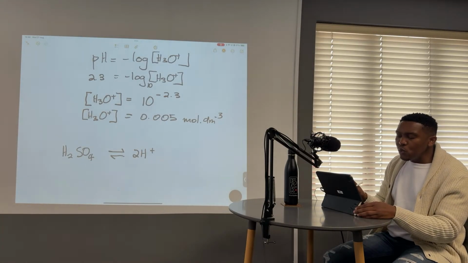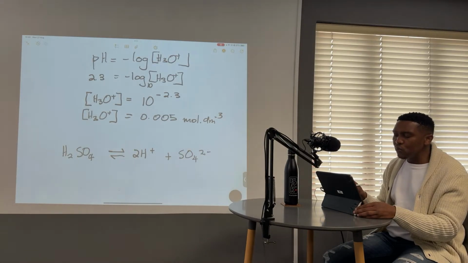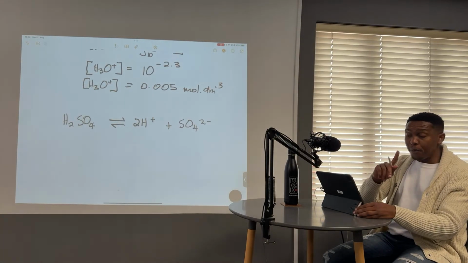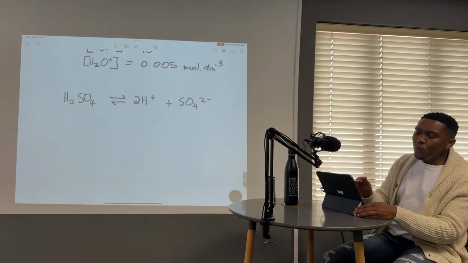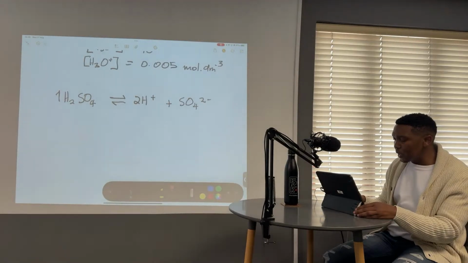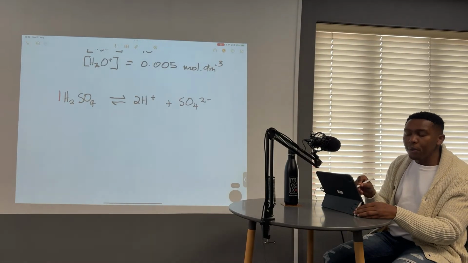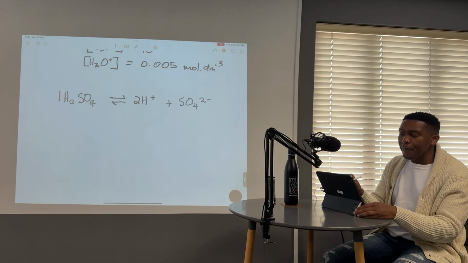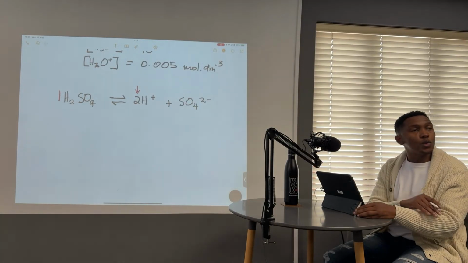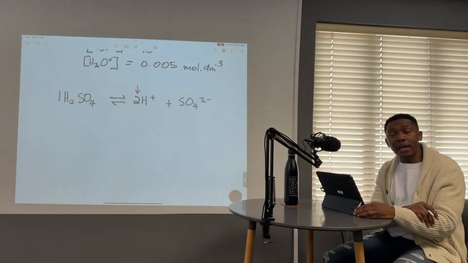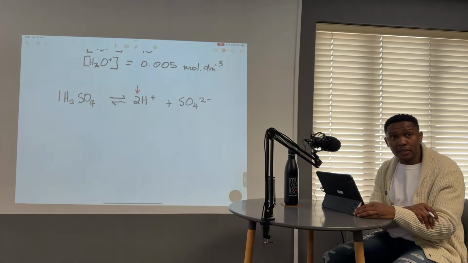So it will give me 2H+ and SO4 2-, which means, very important, for every 1 mole of sulfuric acid, let me just do that in a different color to emphasize, I am going to have 2 hydronium ions. Make sense?